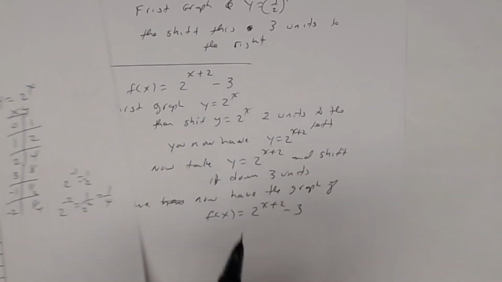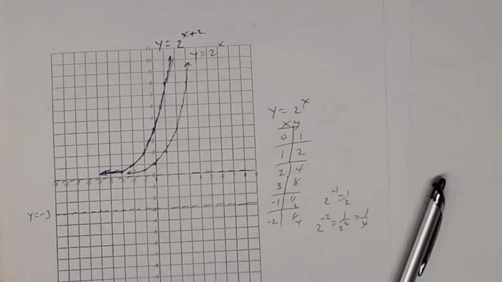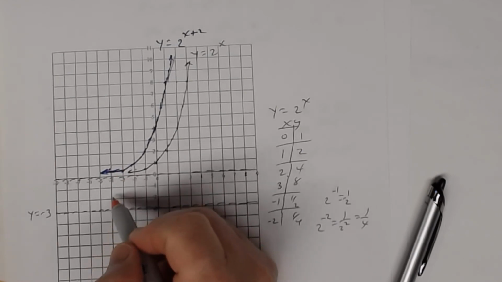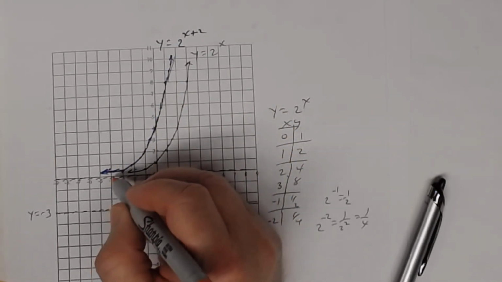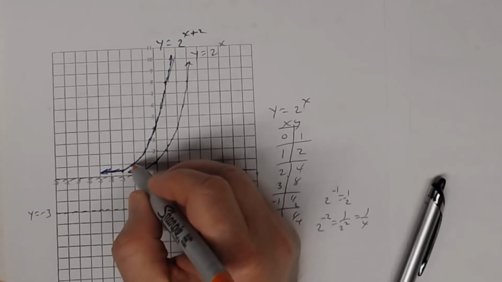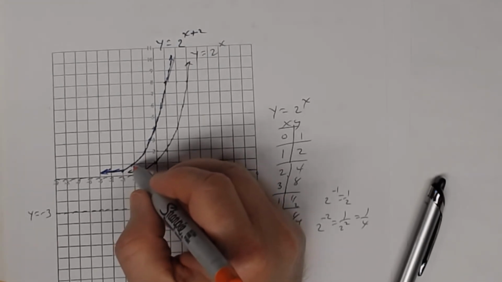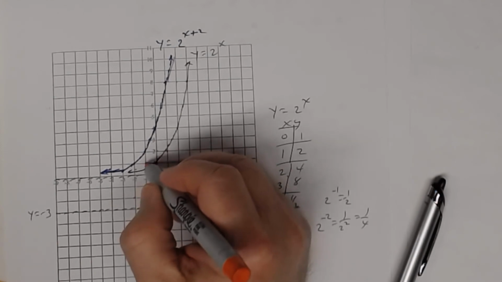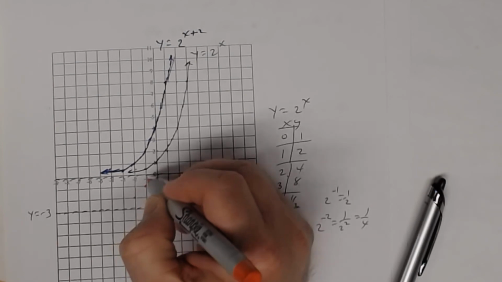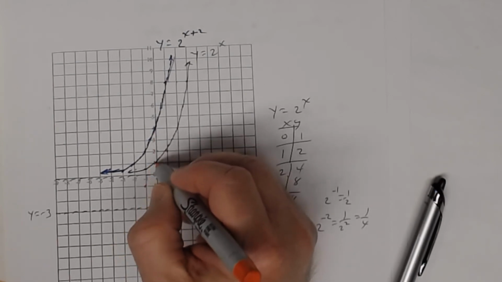That's your horizontal asymptote. And then all we do now is take the blue graph and shift it down 3 units. So every point on the blue graph, we're going to shift down 3 units. Let's do an easy one here. This is easy right here because it's on the intersection of these two lines. 1, 2, 3. 1, 2, 3. 1, 2, 3.